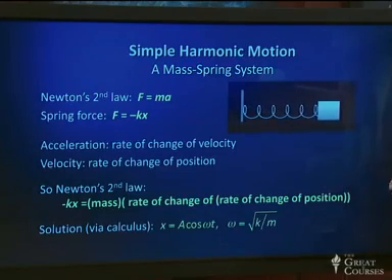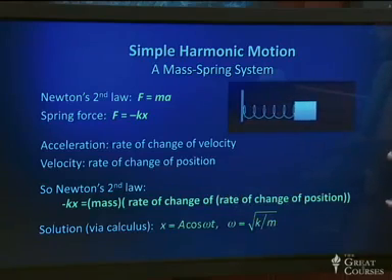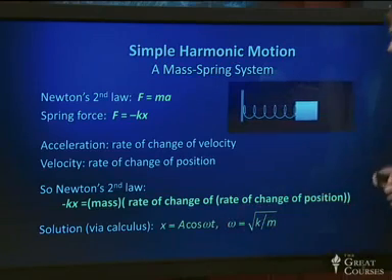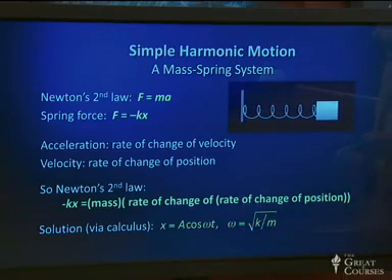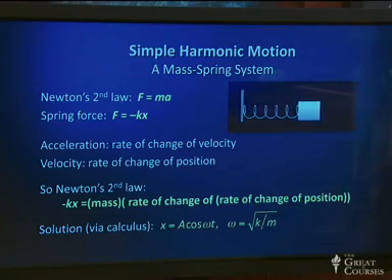It's that x, the position of the object as a function of time, is some constant A, that's the amplitude of the motion, that's how far it gets from equilibrium, times the cosine, the trig function cosine, of omega times time, where omega, which I introduced before for angular velocity, is quite closely related actually, is the so-called angular frequency, and it's given by the square root of the spring constant divided by the mass.